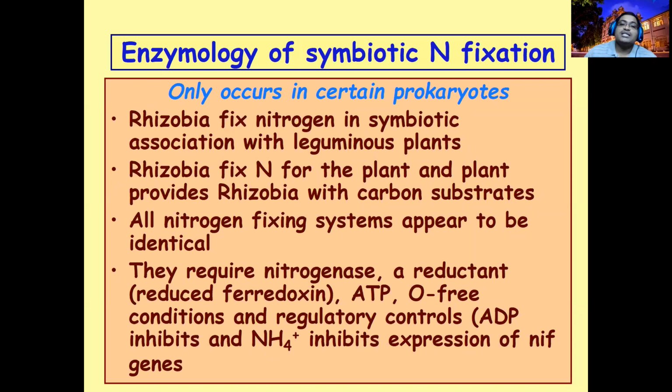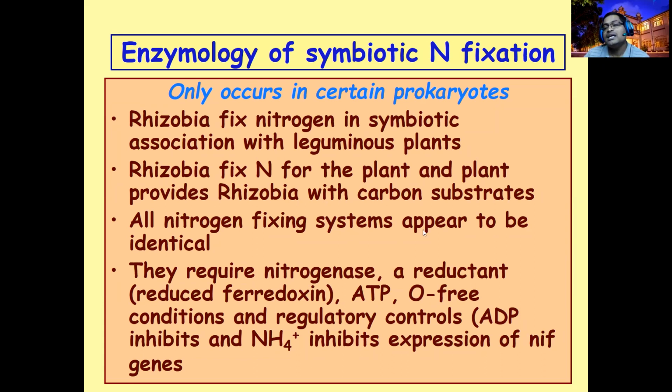Right? This rhizobia fix nitrogen in symbiotic association with the legume plants, and the plant provides the carbon substrates, the photosynthetic products, to this bacteria to fix the atmospheric nitrogen.